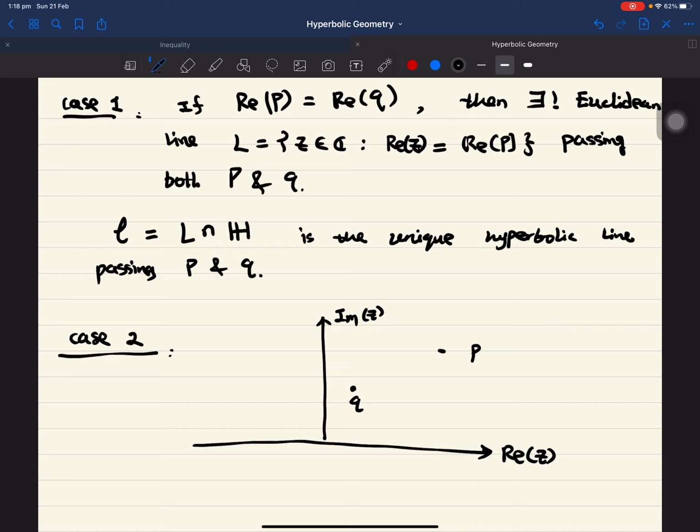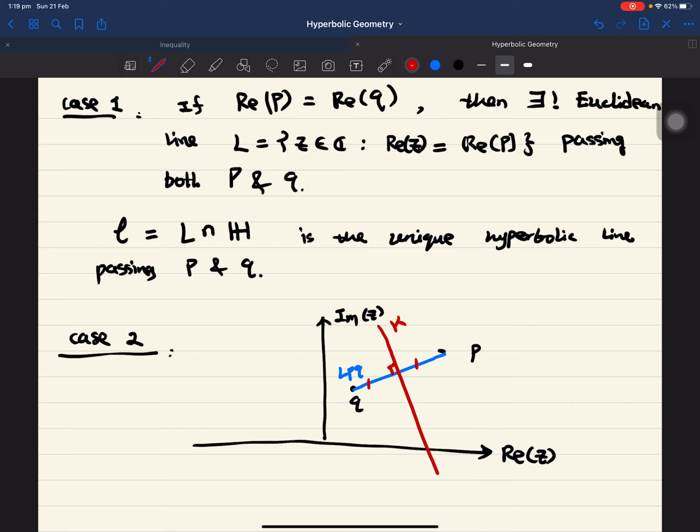The idea is that we draw a line segment LPQ passing through P and Q. Then we can draw a perpendicular bisector K, perpendicular to the line segment PQ and dividing PQ into two equal parts.